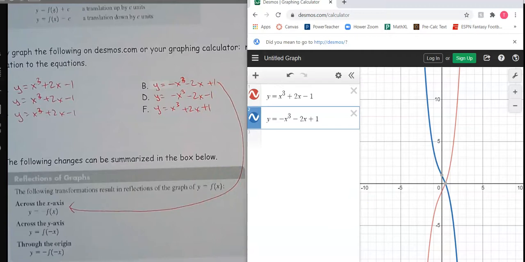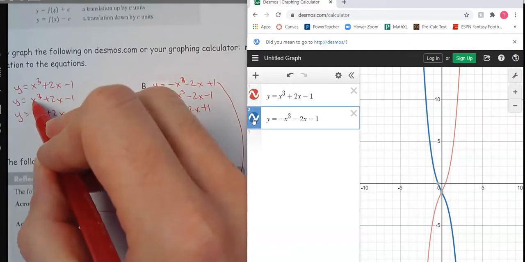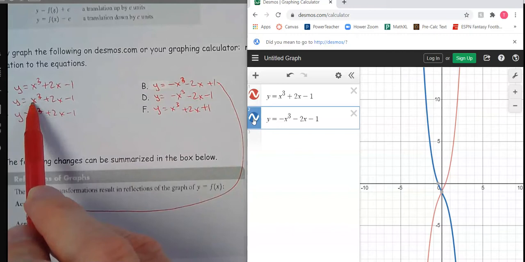Now I'm going to type in that second one. So I'm going to change this so that this is a minus here. And maybe I'll turn this off for a second. So there's my original function, and there's that. So what that is, I put a negative in for every x. If I put a negative in for that x, that term's going to change.